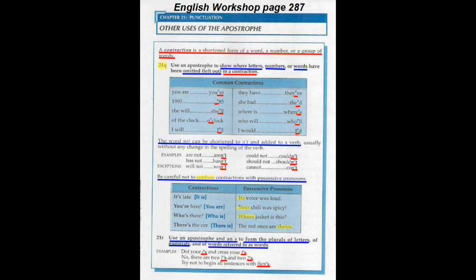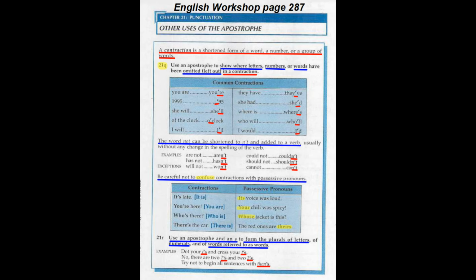Next part you need to underline is the line that reads, "Be careful not to confuse contractions with possessive pronouns." Contraction, it's late, it is late. Its voice was loud, the voice belongs to it. Okay, look at the next line. You're here, you are here.